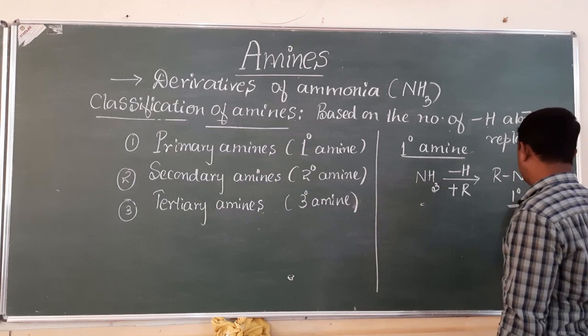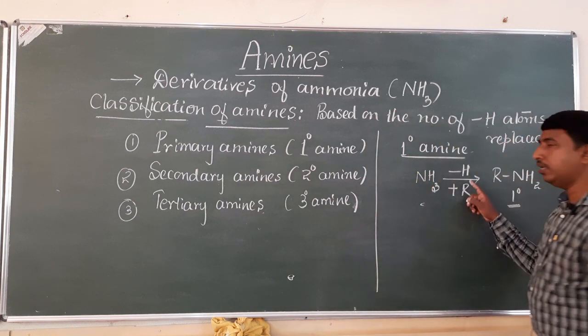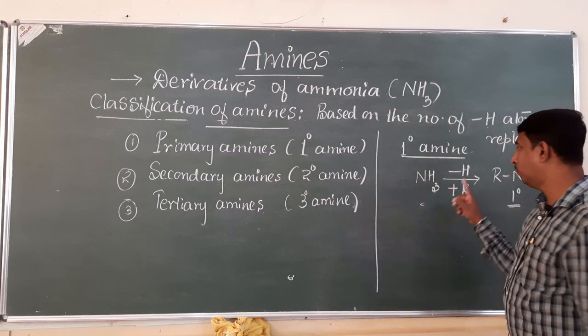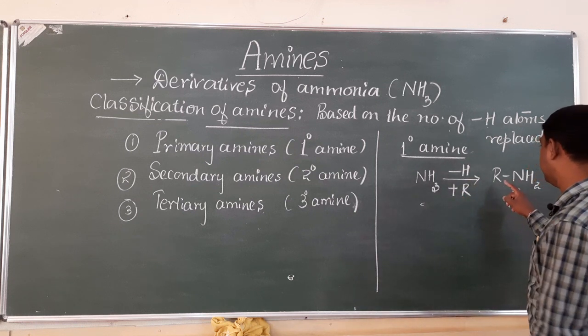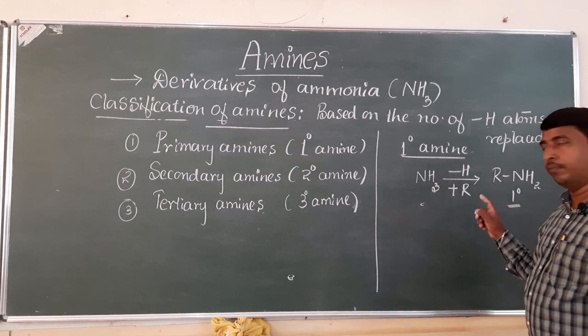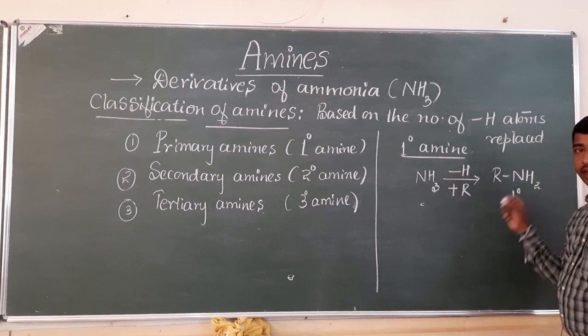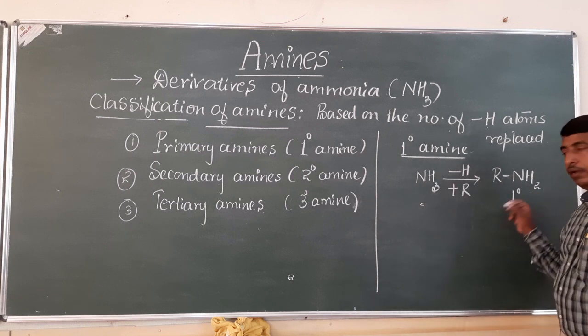This is primary. So a primary amine is obtained by replacing only one hydrogen by an alkyl group, giving RNH2. RNH2 is the general formula of a primary amine.